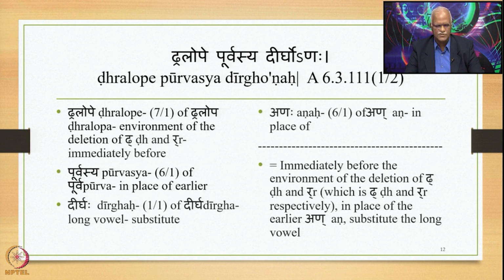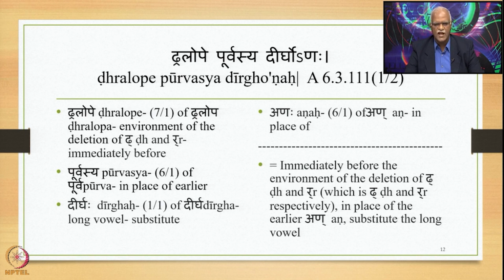Dhralope purvasya dirghonaha. This sutra consists of 4 padas: Dhralope, purvasya, dirghaha and anaha. Dhralope is 7/1 of dhralopa. This means environment of the deletion of dh as well as ra, and 7th case means immediately before this environment.